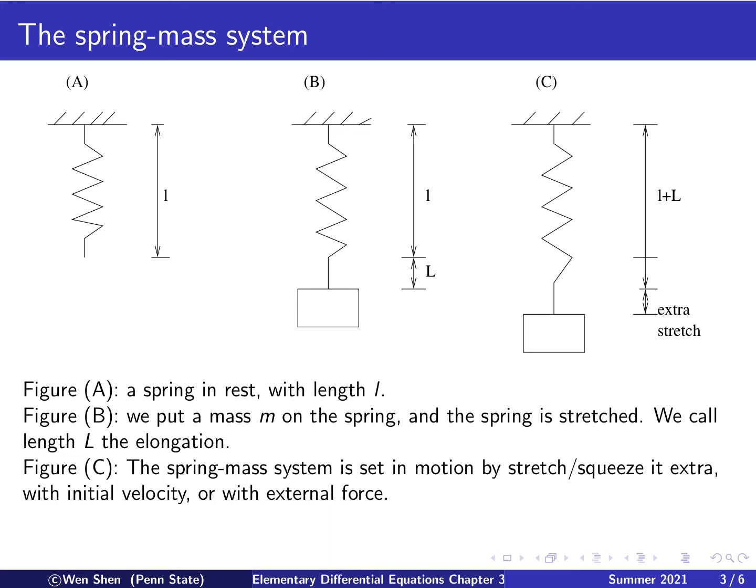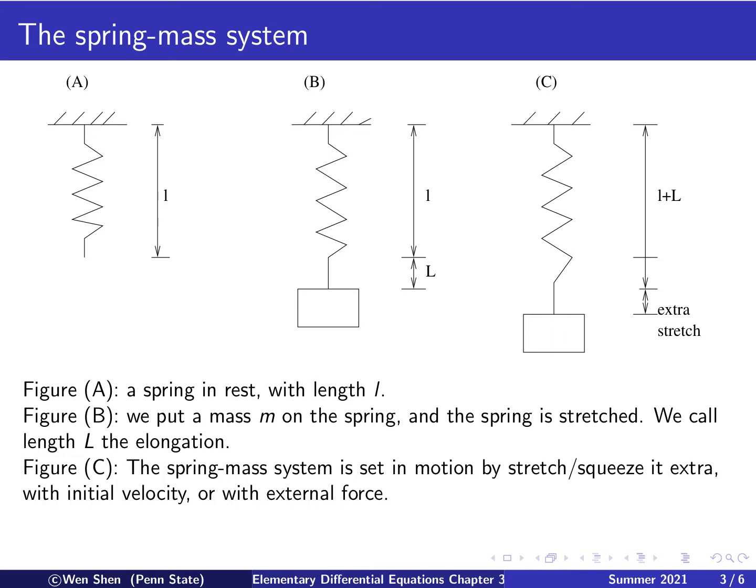Now we excite the system, which is depicted in figure 3. We can set it in motion by disturbing the position of the mass by either stretching it down further or squeezing it a bit upwards. And then we can either let it go with initial velocity or without.